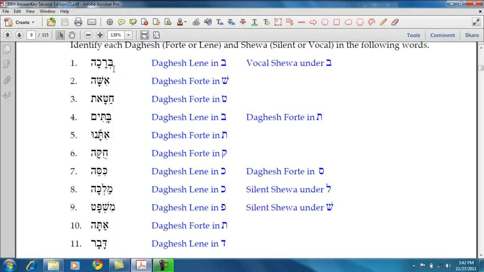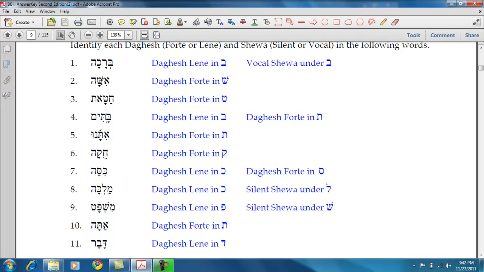The shva is vocal under the bet, and so it is a dagesh lene. Dagesh lene, vocal shva. Isha, we have here, and this dagesh in this shin is non-begadkefat, so it's got to be forte.